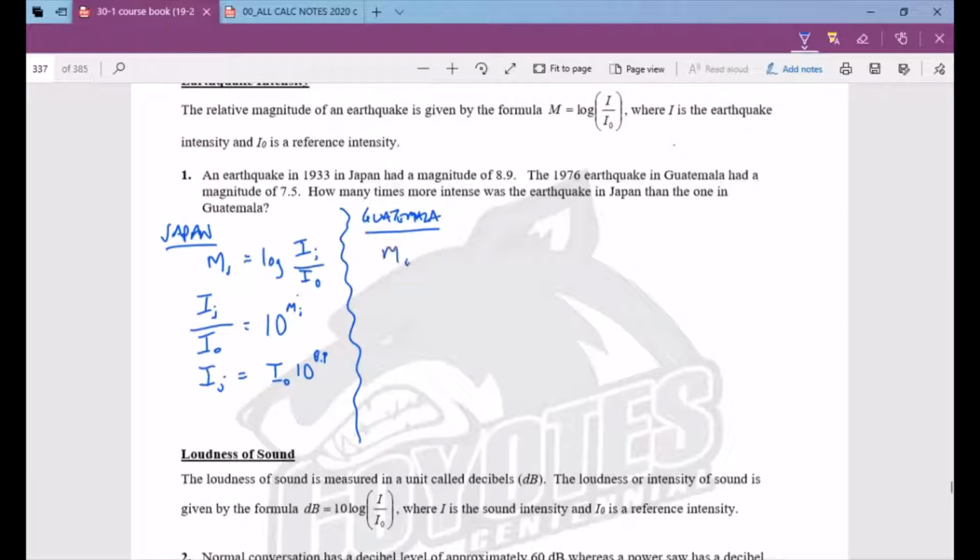If we start with Mg is equal to the logarithm of Ig over I naught and do the same thing, skipping some of that step, Ig is equal to I naught times 10 to the 7.5.